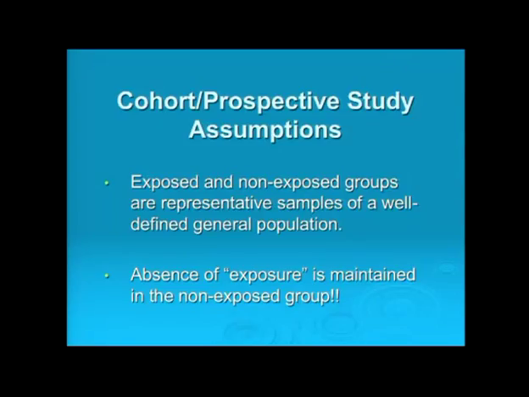So for instance, if I start a cohort study of smokers and non-smokers, I make the assumption the people who come into my study and are identified in the non-exposed, non-smoking group, I make the assumption that throughout the follow-up, the prospective follow-up, that they do not start smoking. Of course, there's mistake. Of course, that isn't perfect, but most of the time it's true.